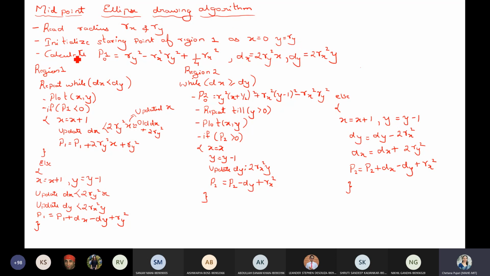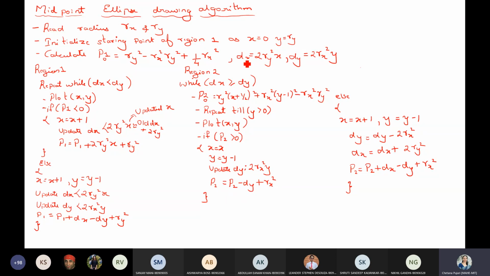Next, based on the value of x and y, you are going to calculate P naught, the initial decision parameter of your region 1. We already derived the equation: ry square minus rx square ry plus 1 by 4 rx square.